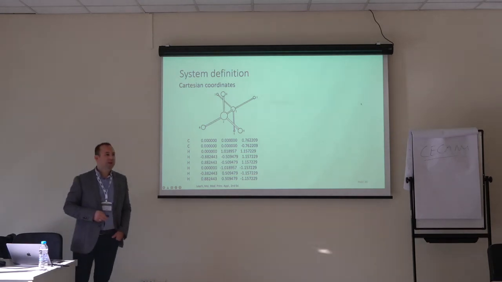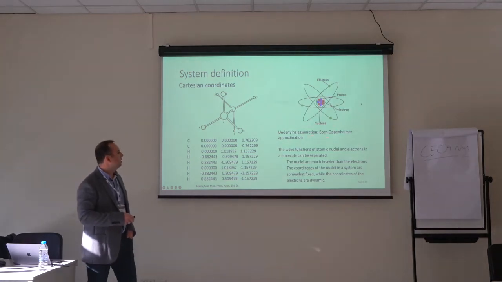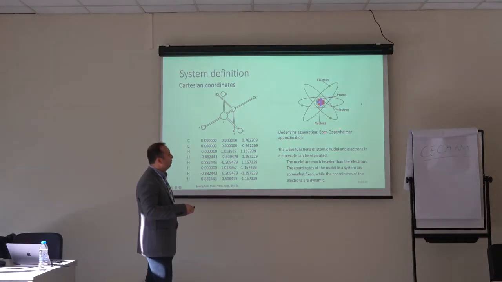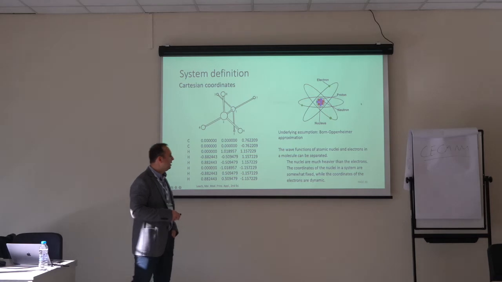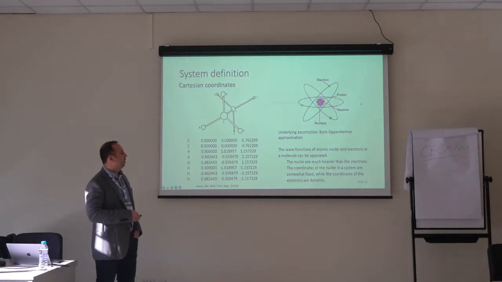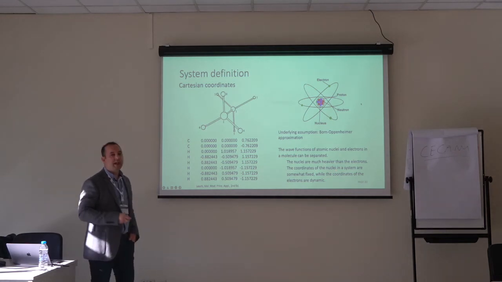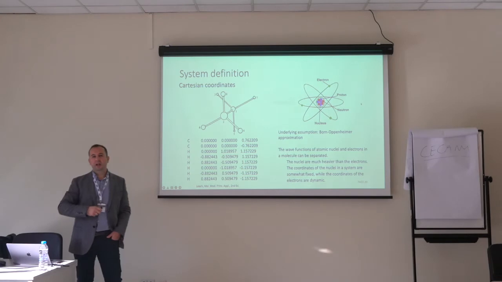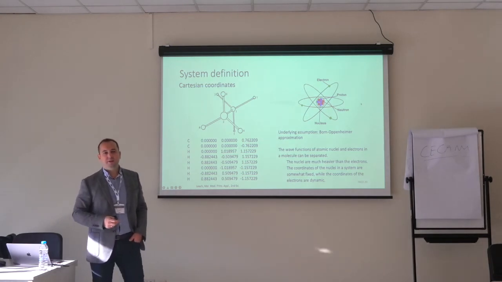So in atomistic simulations, you have this fundamental underlying assumption, the Born-Oppenheimer approximation, such that the wave functions of atomic nuclei and electrons in a molecule can be separated, because the nuclei are much heavier than the electrons. The coordinates of the nuclei in a system are somewhat fixed, while the electrons are dynamic. That means if you carry the nuclei from point A to point B, the electrons are also going with them.